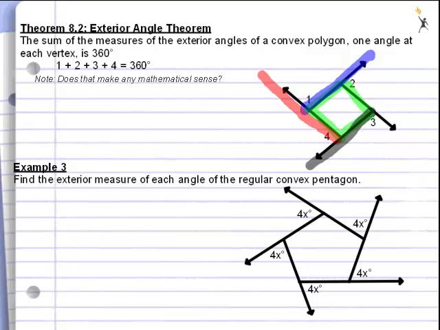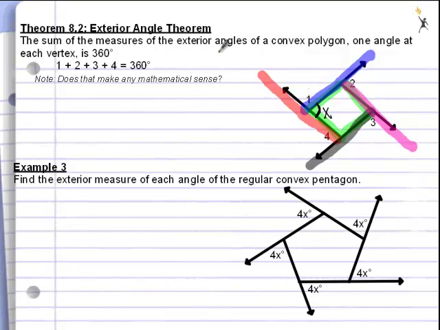You bring in the idea that exterior angles form straight lines, and a straight line equals 180 degrees. Which means, if you think about each of these angles, we'll call this one x for now. X plus this exterior angle form a straight line. Well, if a straight line is 180, then you can say this angle plus x equals 180 degrees.